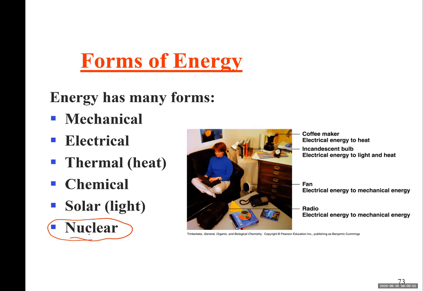Where is light coming from? I guess from the, I don't know what they're called, but the explosions happening inside the sun. Yes, light. Good job. Nuclear reactions in the sun, where hydrogen is converted to helium, produce all the energy which comes as solar energy to Earth and gives us life.